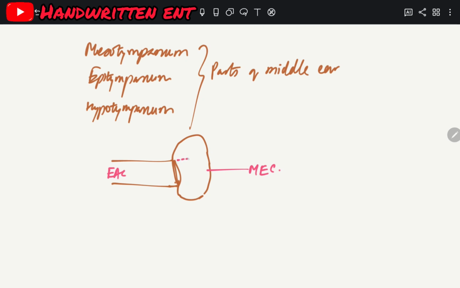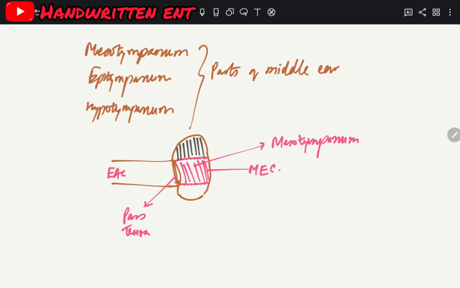The portion of the middle ear which lies at the level of the pars tensa, this is the pars tensa, is known as mesotympanum. The portion of the middle ear which lies above the pars tensa.